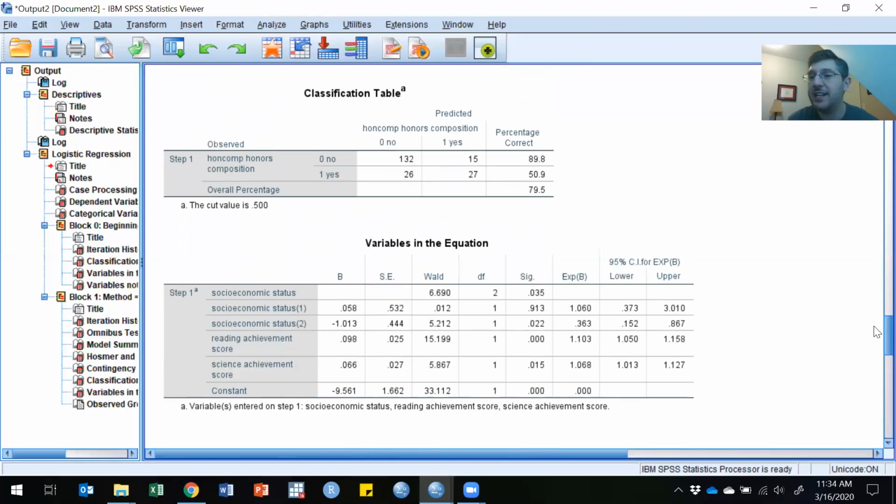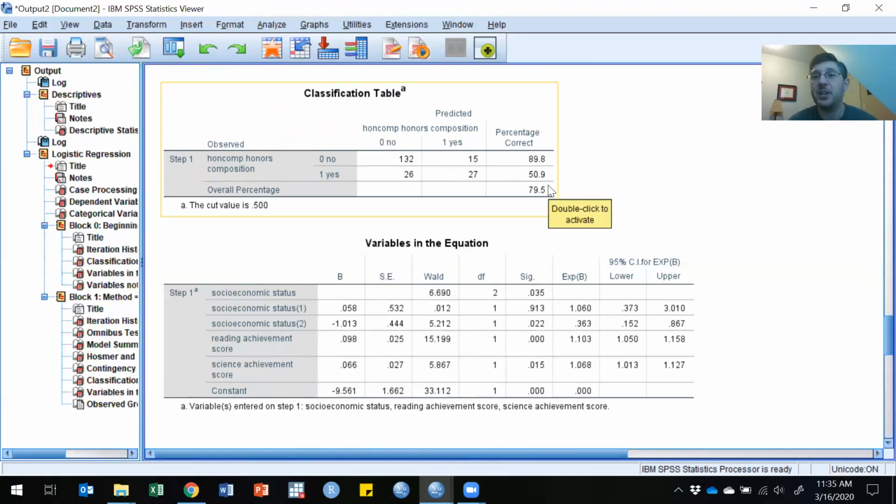Here's another indication of goodness of fit. It's this classification table. It shows how well our full logistic regression model is doing at predicting whether you were in honors composition or not. You can see overall we're correctly classified in around 80% of cases, which is probably pretty good.